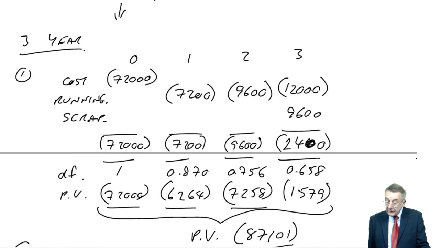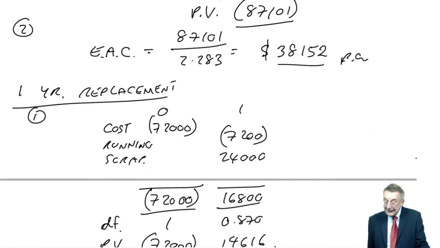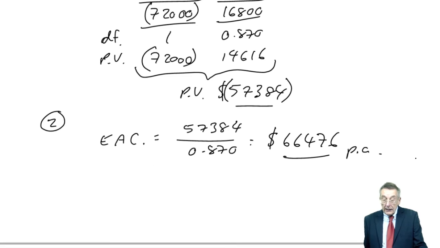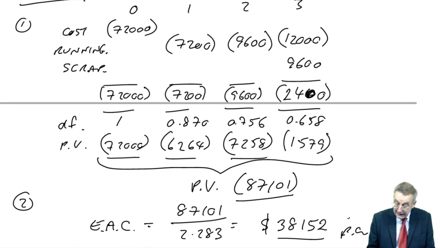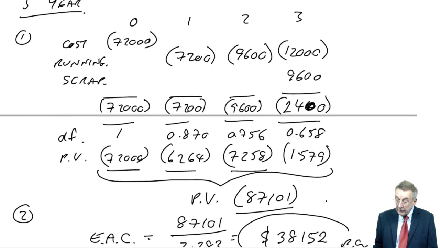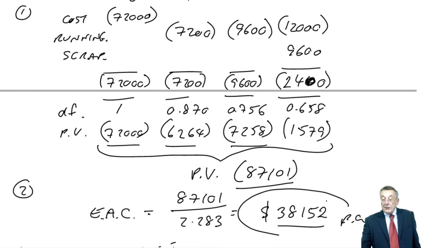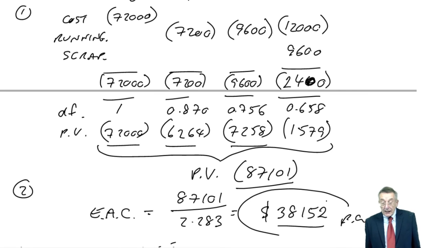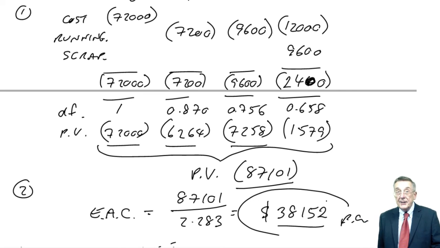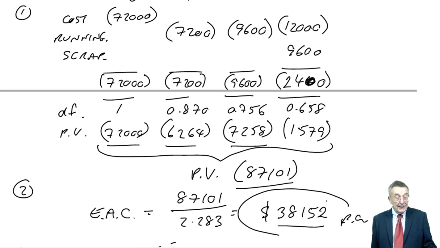So which is the lower of the 3? It's 2-year replacement. No, sorry, it's 3-year replacement. There we are. There's the lowest of the 3. So it could have been any one of those 3 choices. In this particular case, we'll replace it every 3 years.